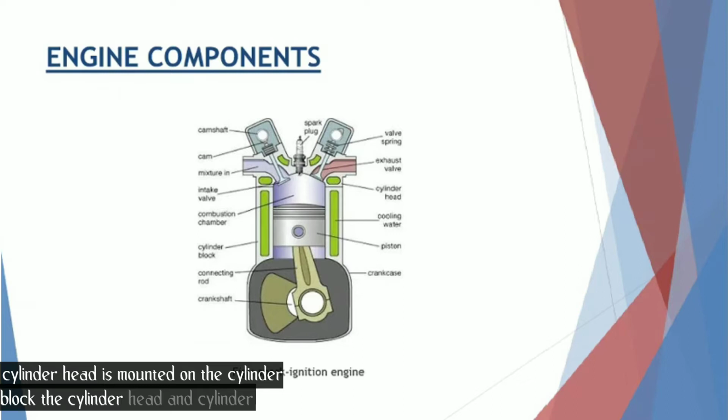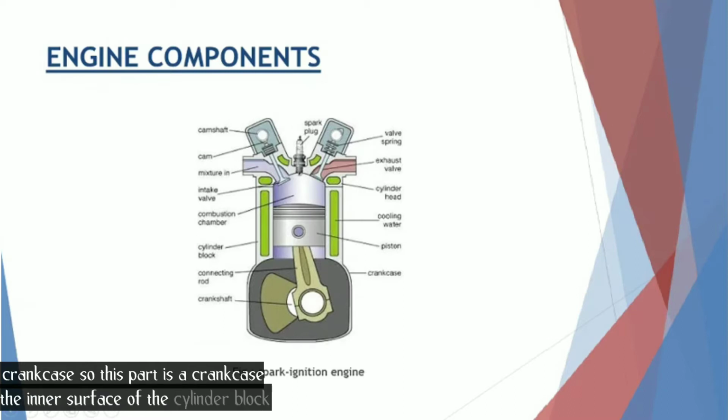The cylinder head and cylinder block are provided with a water jacket in the case of water cooling. Here the cooling water is there. This is the jacket. The bottom portion of the cylinder block is called the crankcase. So this part is the crankcase.